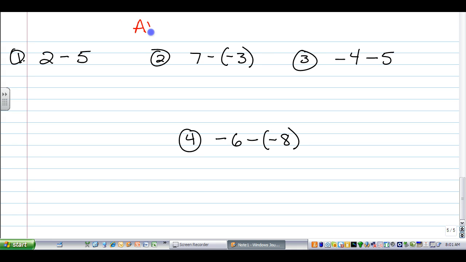We are going to add the opposite. And once you add the opposite, then just follow the rules for addition. All right, pause, and then when you are done with them, go ahead and click play and see how you did. All right, pause.